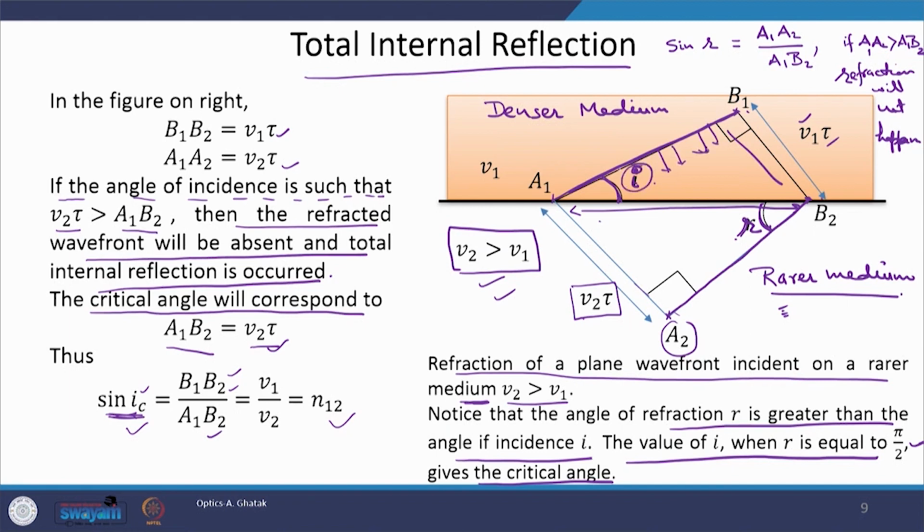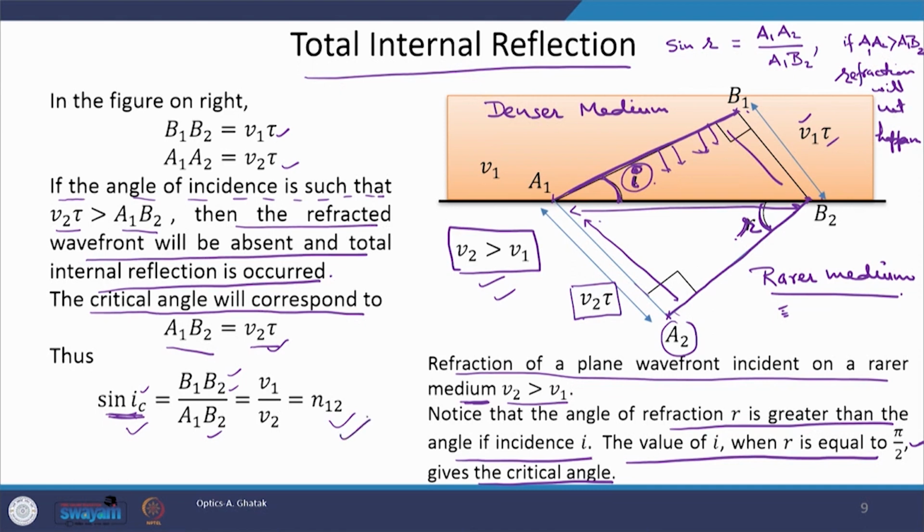As long as this i is small, the angle of refraction is such that A1A2 is smaller than A1B2, and we have refraction. Now, a situation comes when A1A2 is equal to A1B2, and this is called the critical angle.